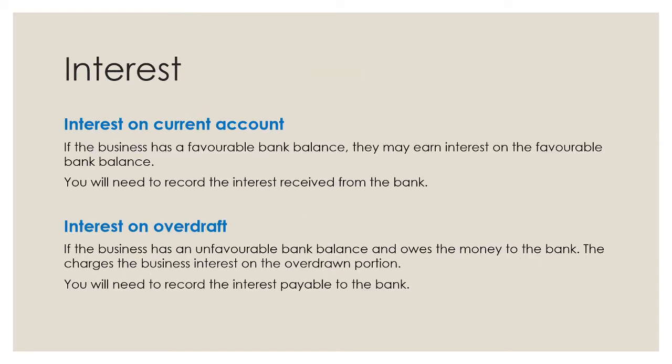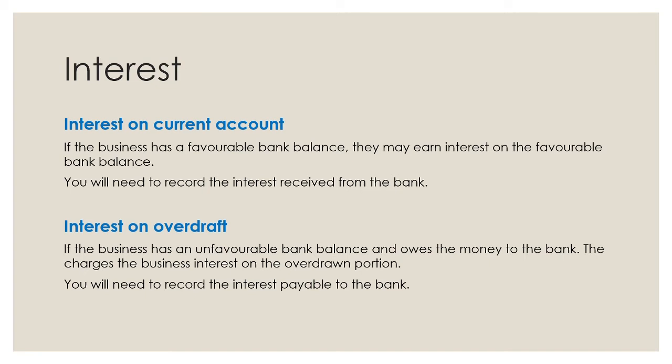Okay, now the next thing is interest. You can either receive interest or you have to pay interest. So when I'm receiving interest on your current bank account, that is where I've got a favorable bank balance, and now the bank is paying me interest because they are actually keeping that money. So interest received, you will also find on your bank statement.